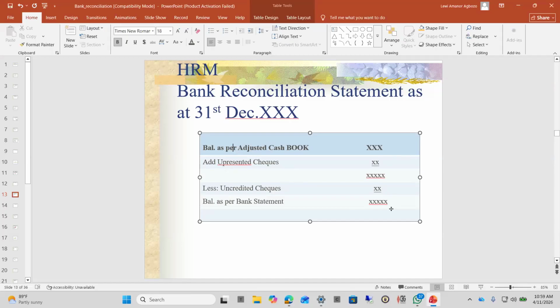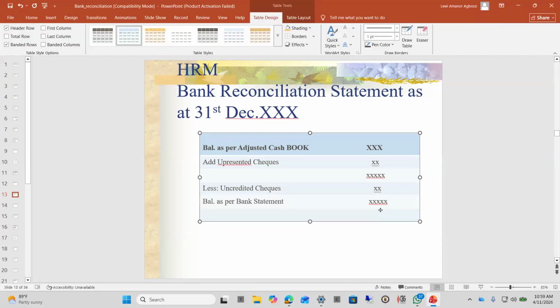What it means is that you are adjusting your cash book to get what the bank has given you. So automatically, after adjusting the first thing and then the second thing, these are the things that you have issued out.